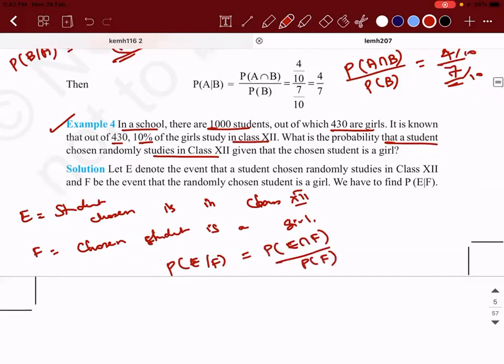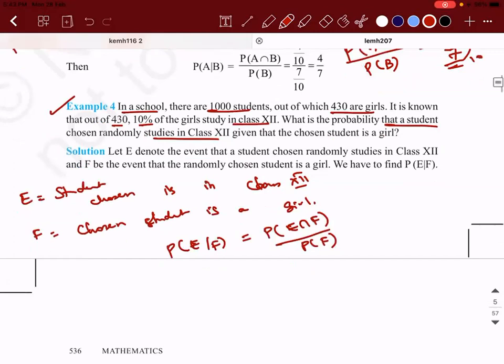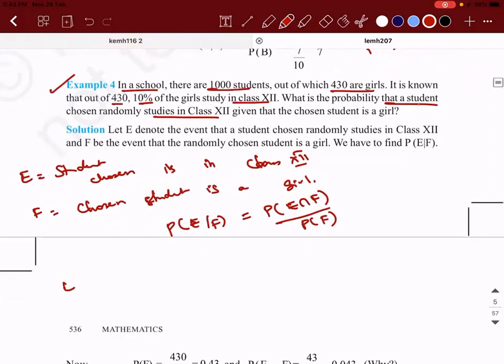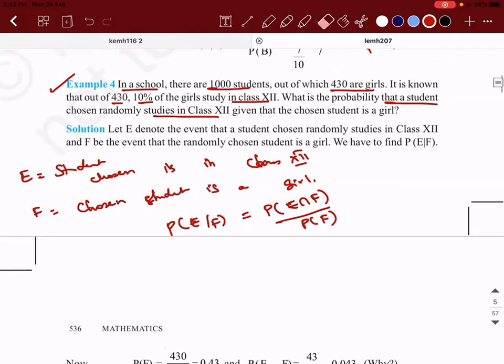So how to take the data, guys? Tell me how to collect the data. You guys help me. So if I ask you, what is the sample space for E? Or what is the probability of E?